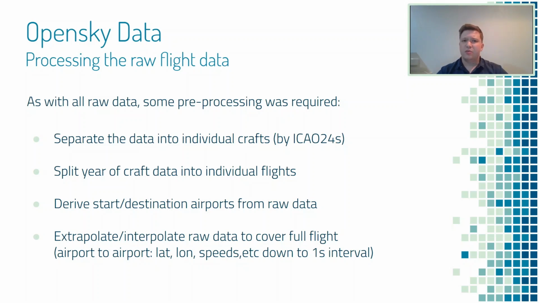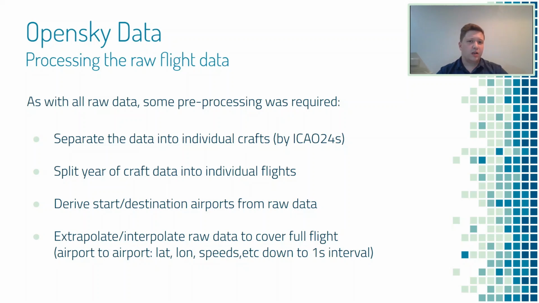We then needed to derive a start and an end destination airport from the raw data. Now this was a bit tricky. The coverage in New Zealand is a little patchy, but we managed to come up with a little algorithm to determine which airport the flight came from and which one it's heading to based upon its current positions and its heading.